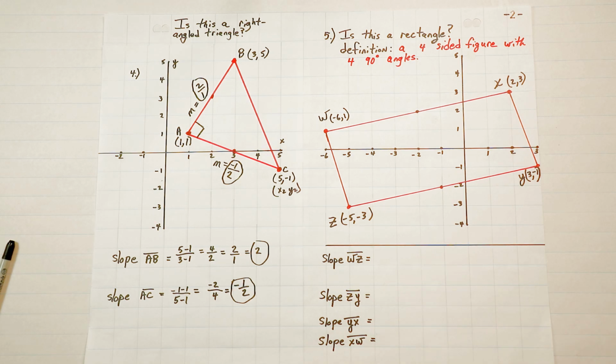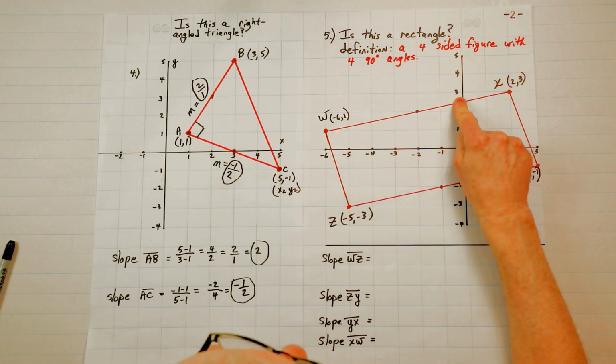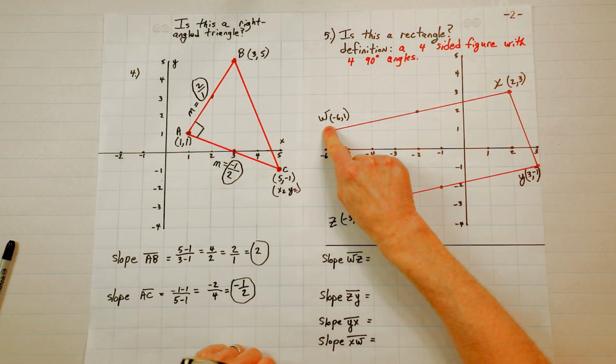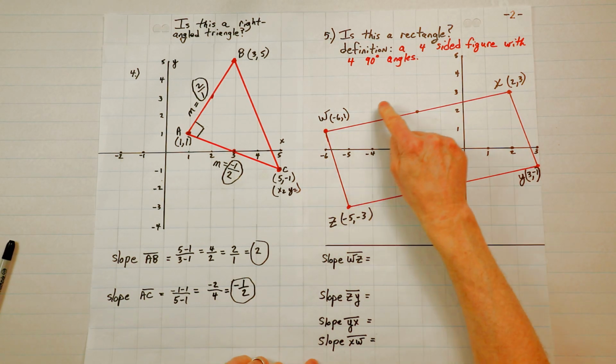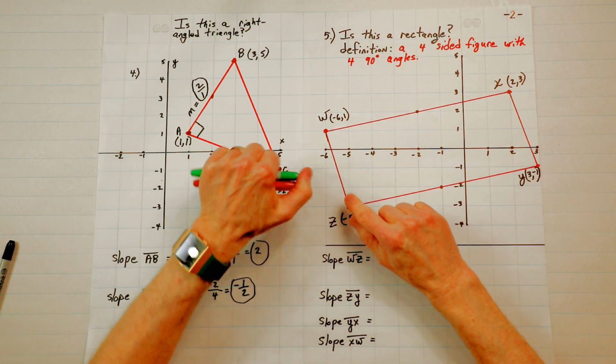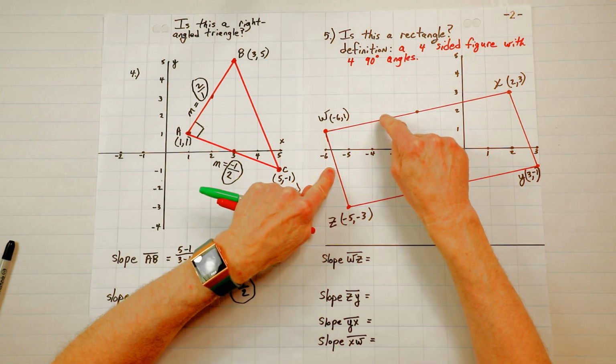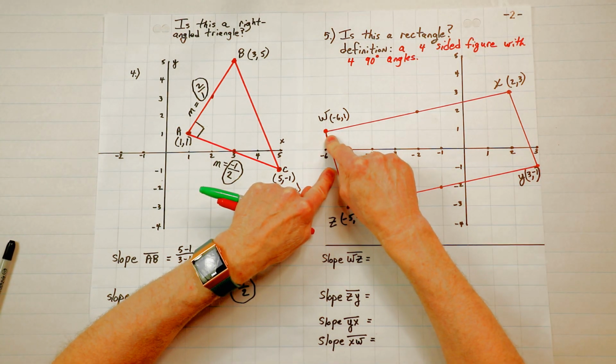So, all we have to do is show that connecting lines, connecting sides, have negative reciprocal slopes. So if the slope of this side and the slope of that side have negative reciprocal slopes, then that's 90 degrees.